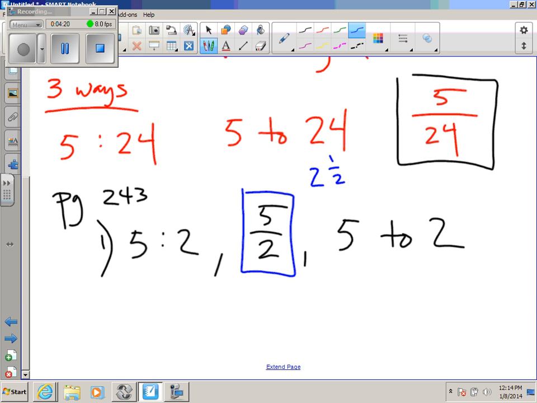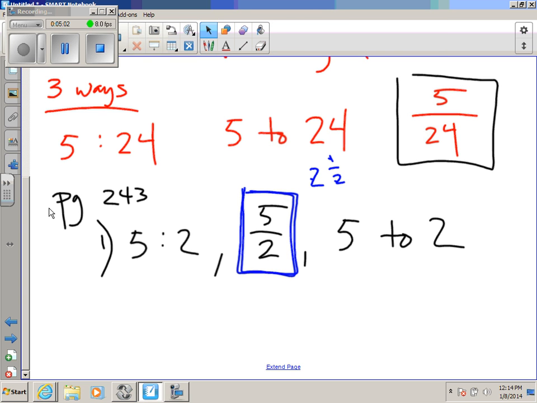But a ratio compares two quantities, a 5 to a 2. What do I have here? I have a 2, a 1, and a 2. Am I still comparing two quantities? Not necessarily. So if it's even written as what we would normally call an improper fraction, you must keep it as an improper fraction. Do not simplify it into a mixed number, otherwise you take it out of being a ratio and into a fraction, which aren't necessarily the same thing.